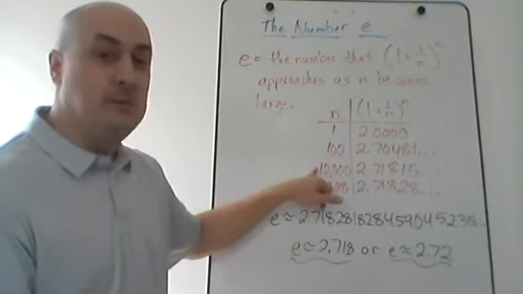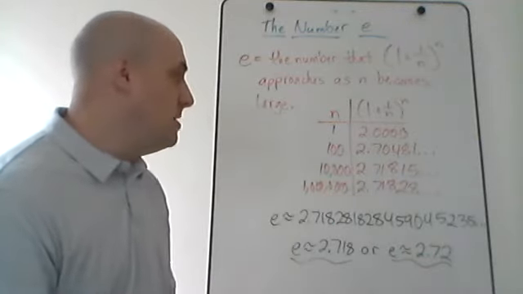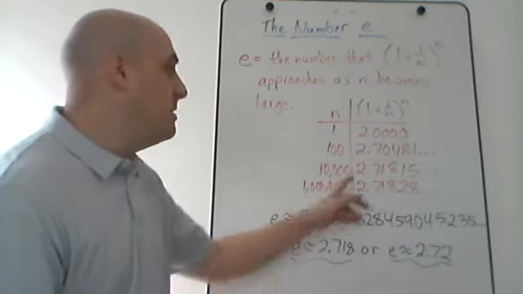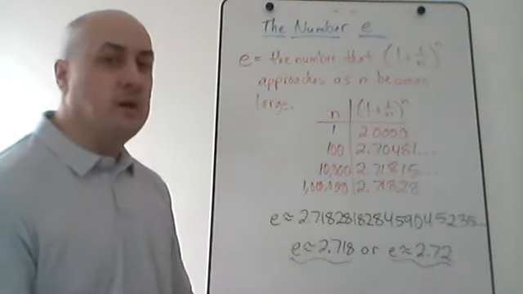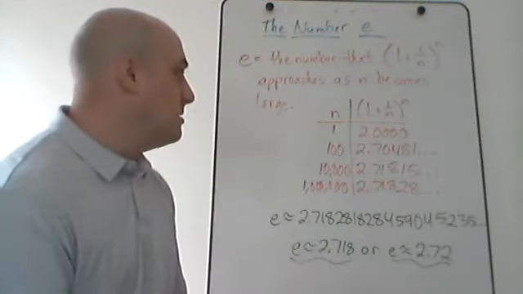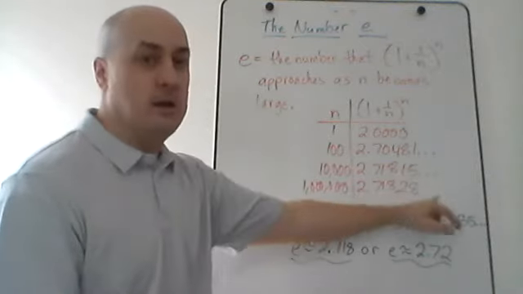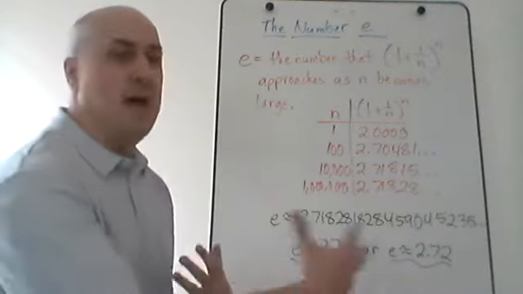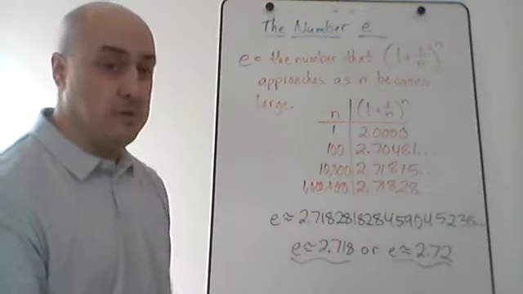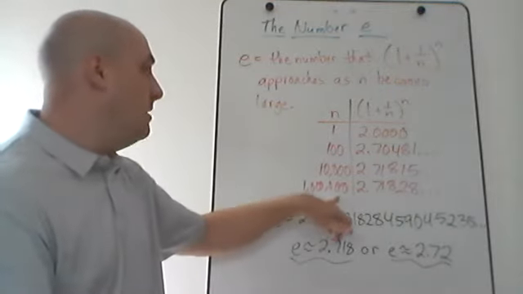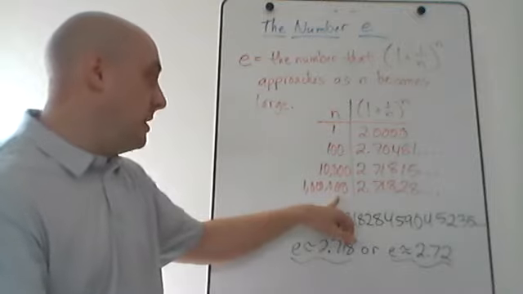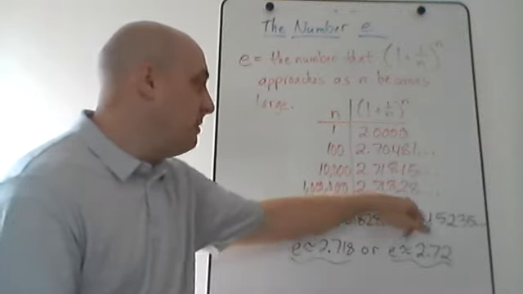If I plug in n equals 10,000, I get 2.71815. Now these are not the complete numbers, it's not the entire number there. It's just rounded off to a certain number of decimal places. When I plug in n equals 1 million, I get 2.71828.